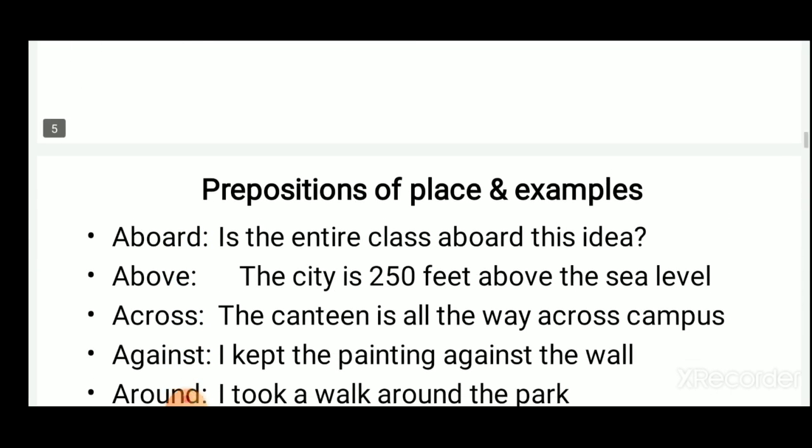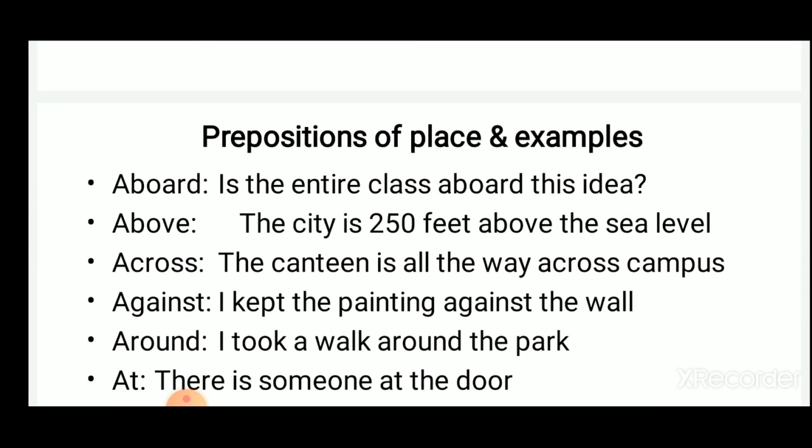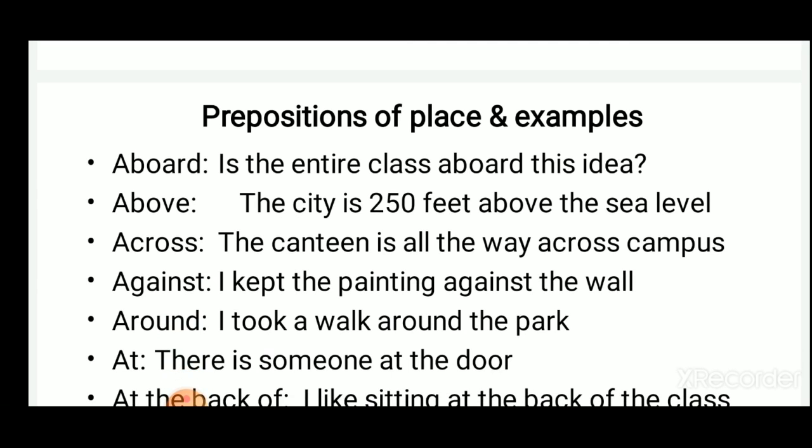Now we are discussing, presenting, or illustrating the preposition of place. Aboard: is the entire class aboard this idea? Above: the city is 250 feet above the sea level.